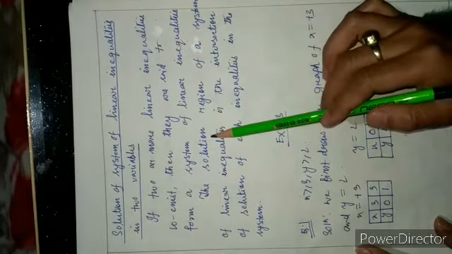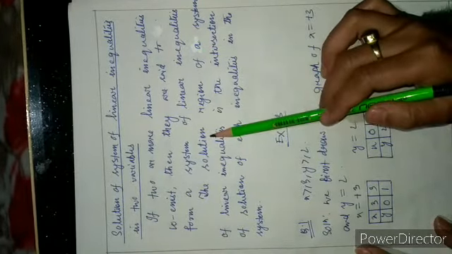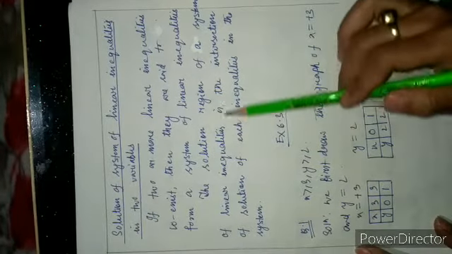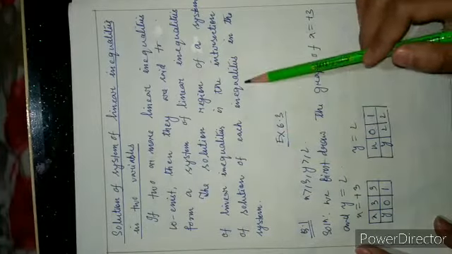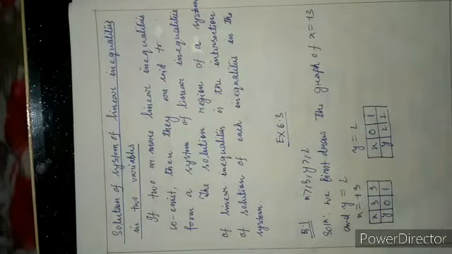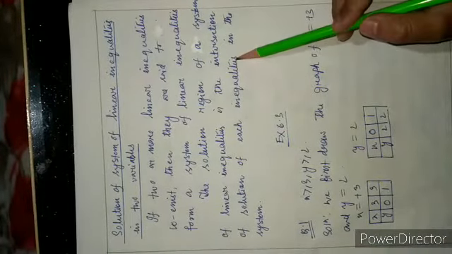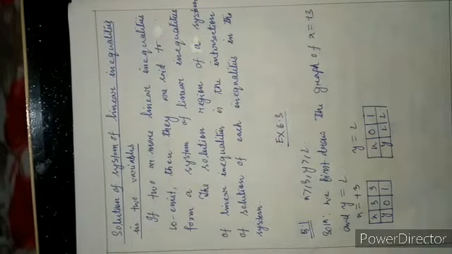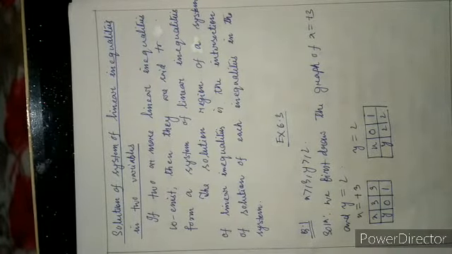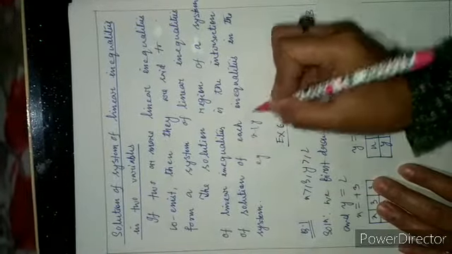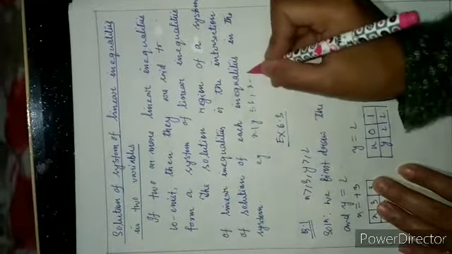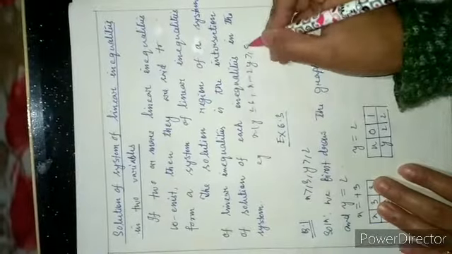Then the solution region of a system of linear inequalities is the intersection of the solutions of its inequalities in the system. As an example, take the system of inequalities: x plus y less than or equal to 6 and x minus 2y greater than or equal to 5.